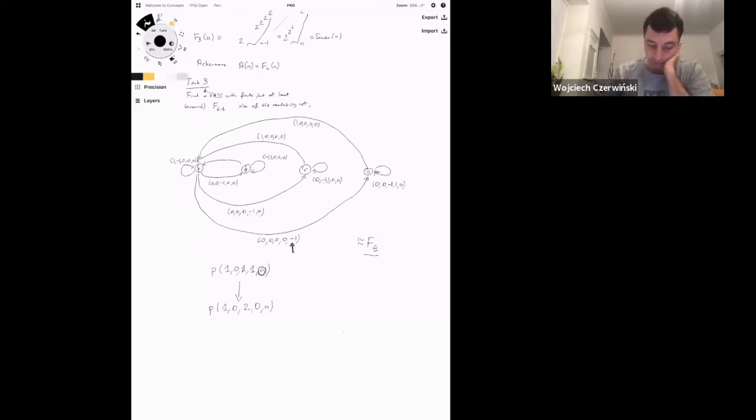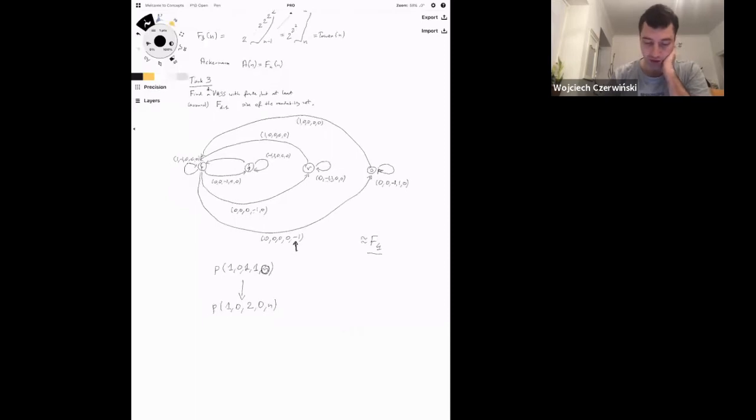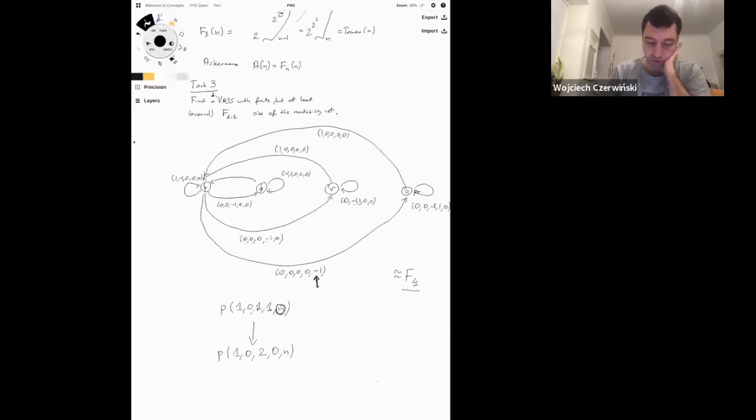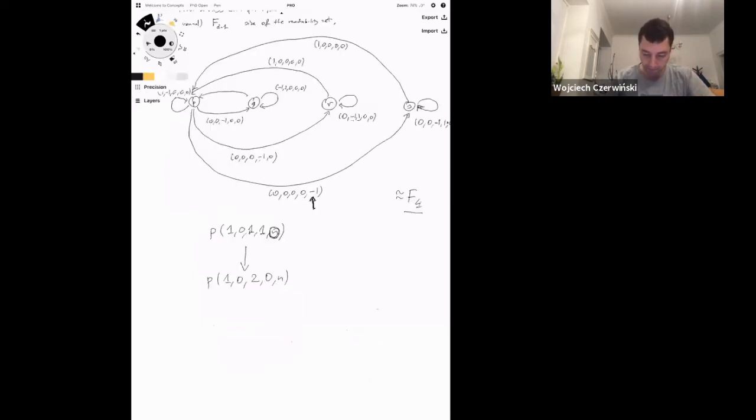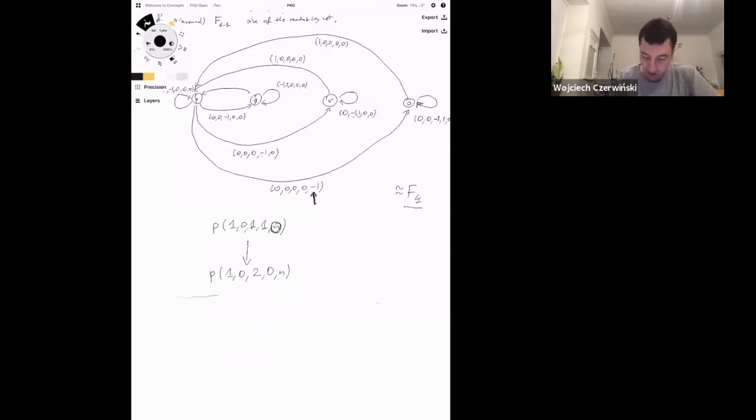So in that way, you can see, or you can kind of believe, that if we have d-dimensional VASS, we can produce VASS which have enormous reachability set, but still finite. So this gives you, I think, a feeling that you can do very weird things here. So maybe one comment. Why does this not give a lower bound on the reachability problem?